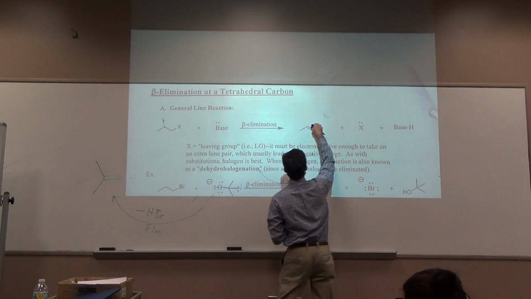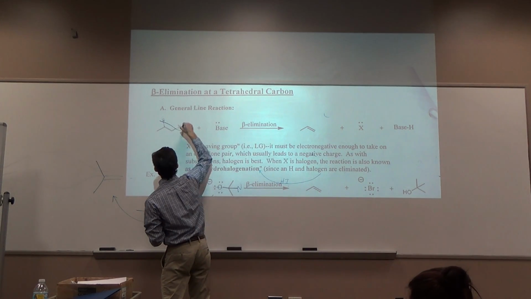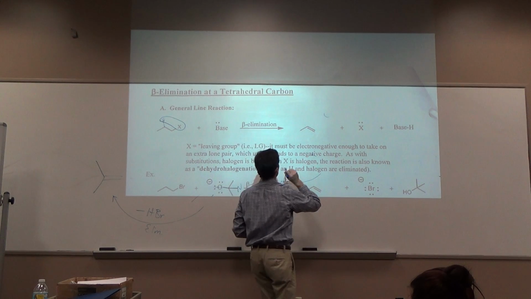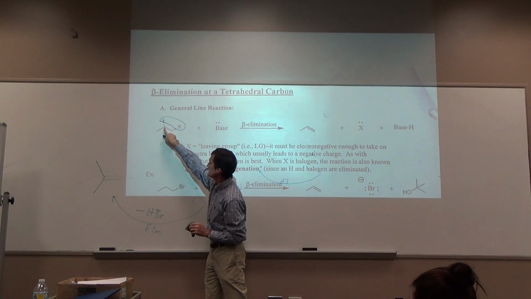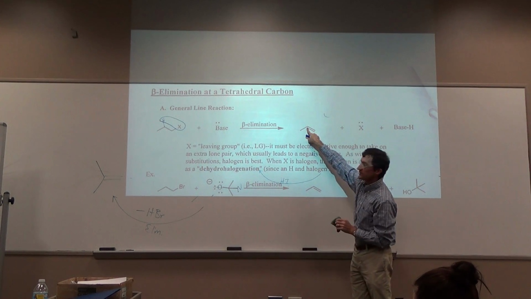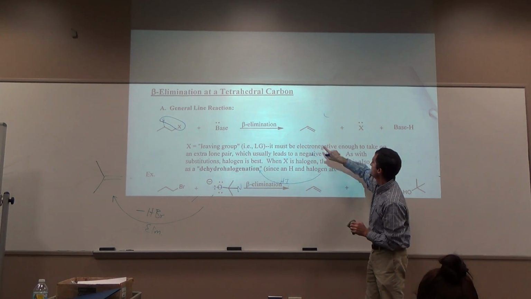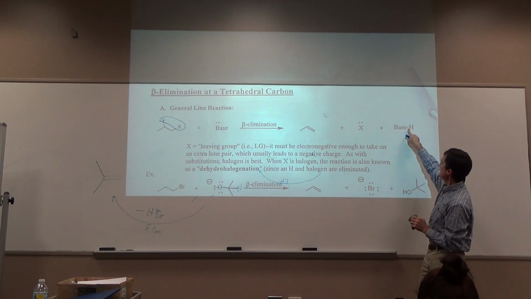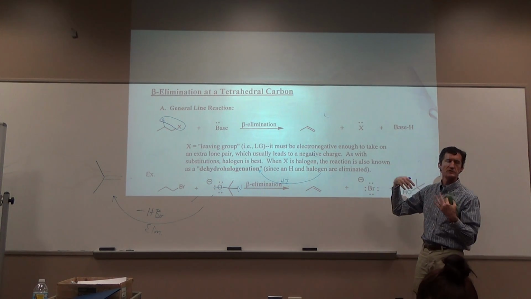We're going to put in a double bond. What are we essentially losing? We're losing the H and the leaving group. Because over here, that carbon has two H's, but now that carbon only has one, and the leaving group is gone. So we've lost an H and an X. The base is going to take the H. The X is going to come off just as a leaving group.